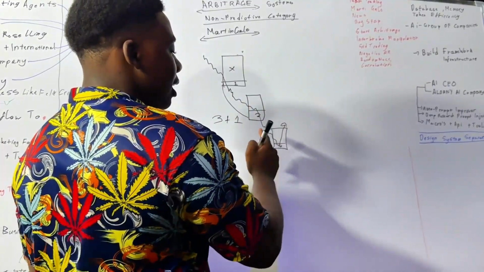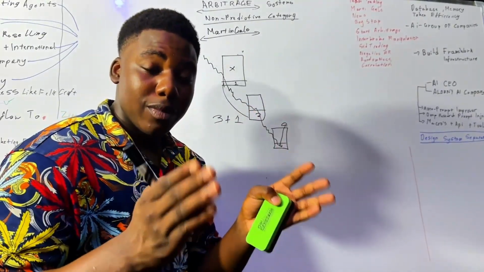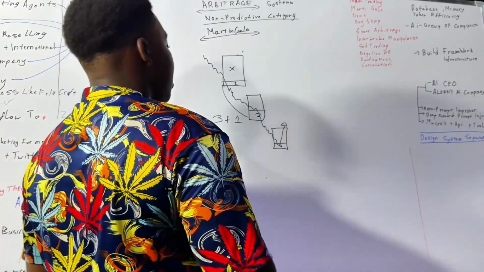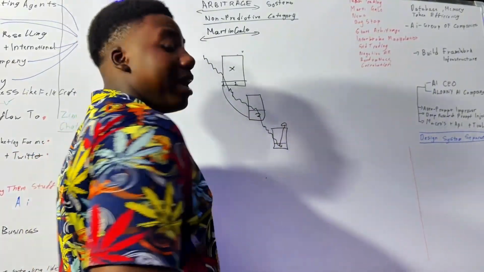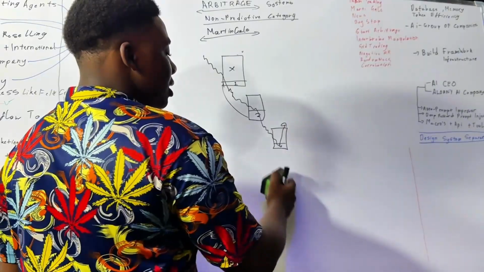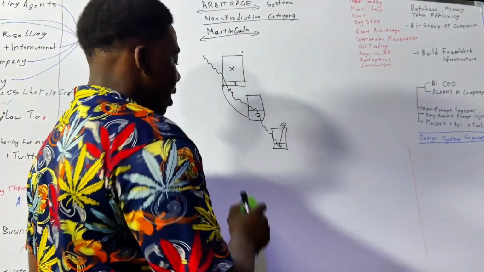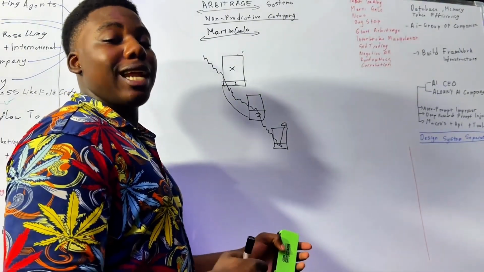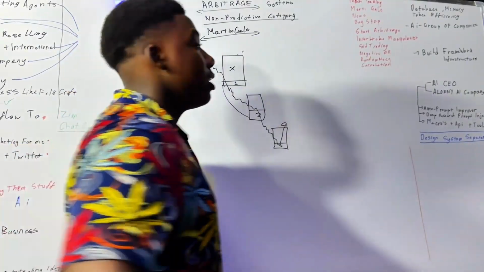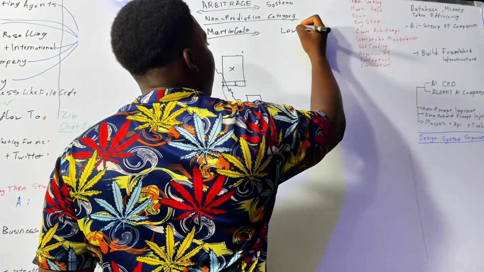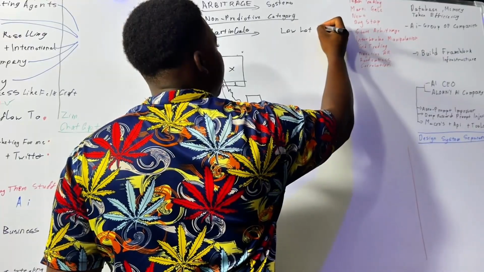As long as you can keep trading, you will keep making money. Okay, it is inevitable for you to make money. You may have a losing streak, but eventually you will make money. With this particular strategy, you have 2 options to make it work. You have got a low lot base.